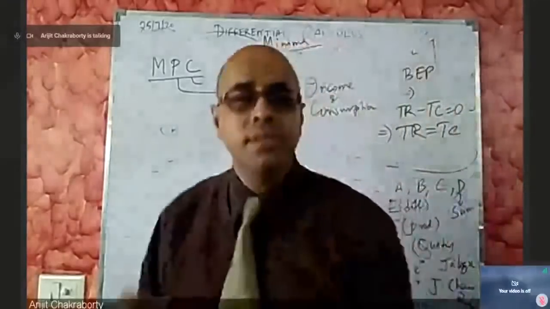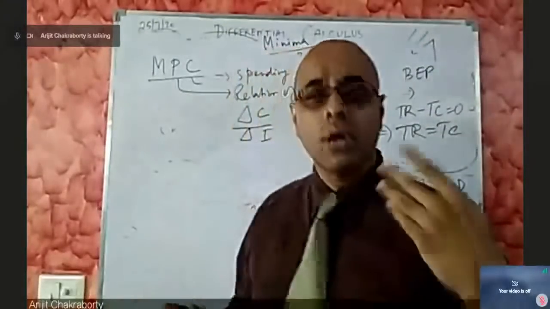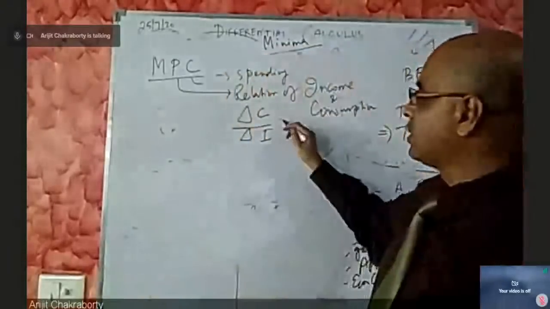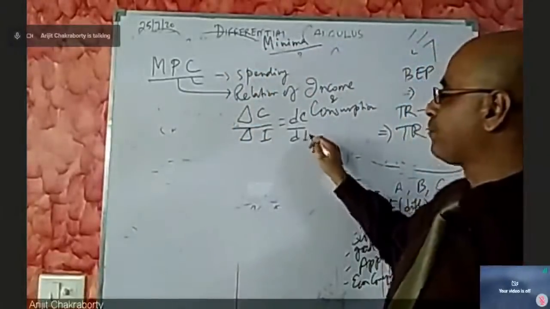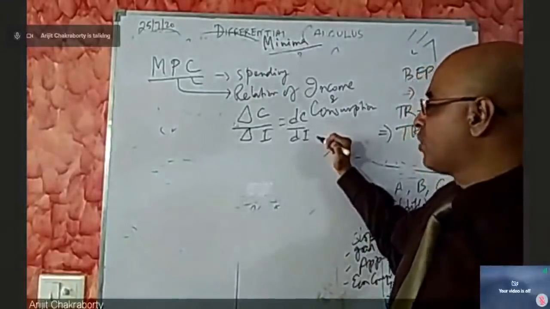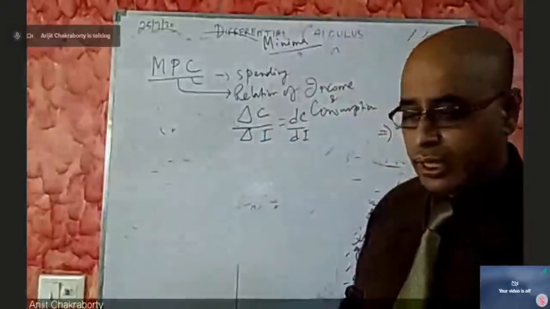So in the language of derivative, now that you know in detail the concept of derivative, the rules, the formula, etc., I can write this as dC by dI, the differential coefficient of the consumption function with respect to the income function.